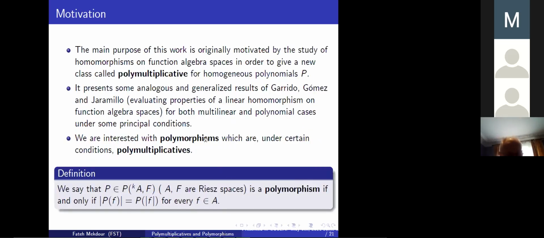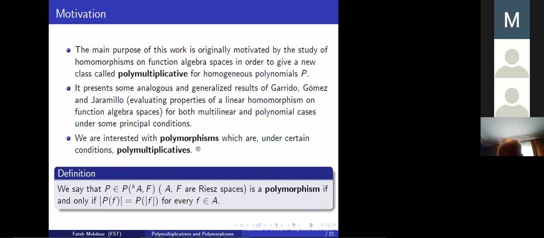Our main interests in this work are the following. The main purpose of this work is originally motivated by the study of homomorphisms on functional algebra spaces in order to give a new class called polymultiplicative for homogeneous polynomials P. Secondly, it presents some analogous and generalized results of Garrido, Gómez, and Jaramillo about their study of the evaluating properties of a linear homomorphism on functional algebra spaces, to extend them to both multilinear and polynomial cases under some principal conditions.